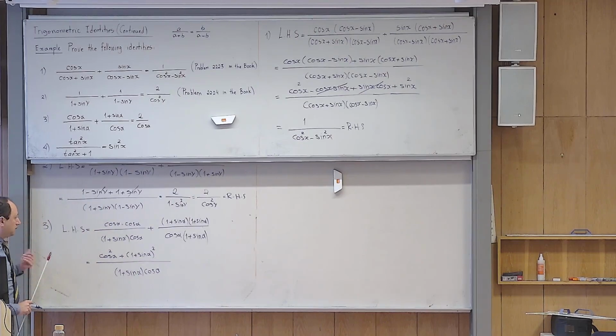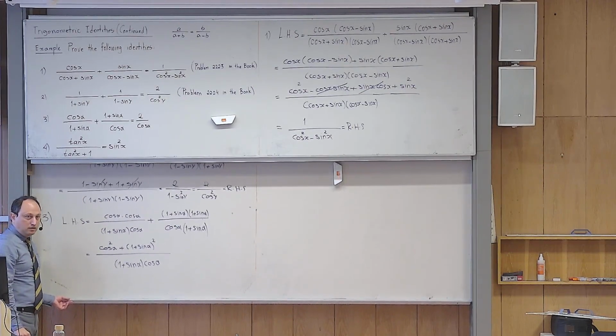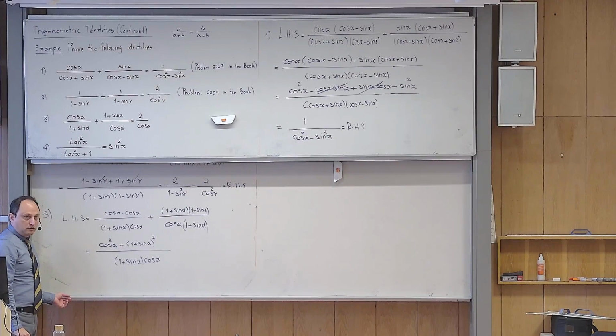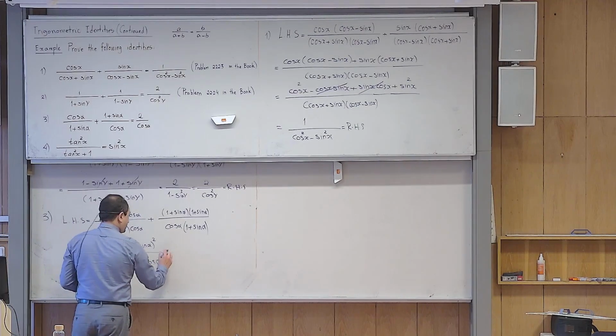Yes? Okay, then what? Yes? You can rewrite cosine alpha squared as 1 plus sine alpha times 1 minus sine alpha. Yes, that's a very advanced way of doing it, but let us not do it.